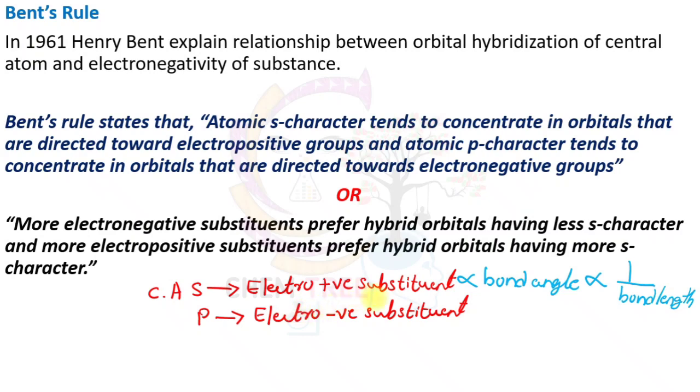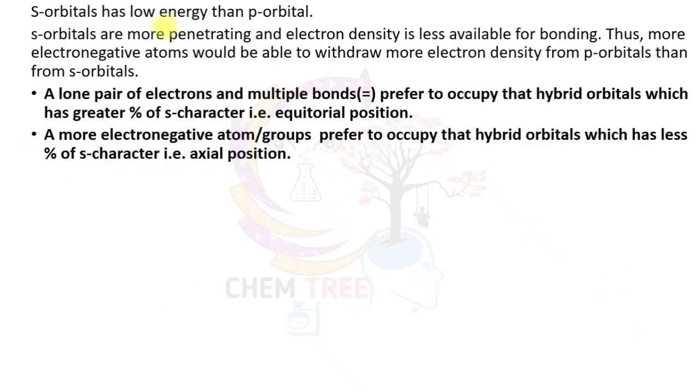The p character is directly proportional to the bond length, and the bond energy becomes very less, or it decreases. With more p character, the bond length will be more, but the bond energy will decrease. In the case of s character, if the s character is more, the bond angle increases and the bond length decreases. The s orbital has lower energy than the p orbital.